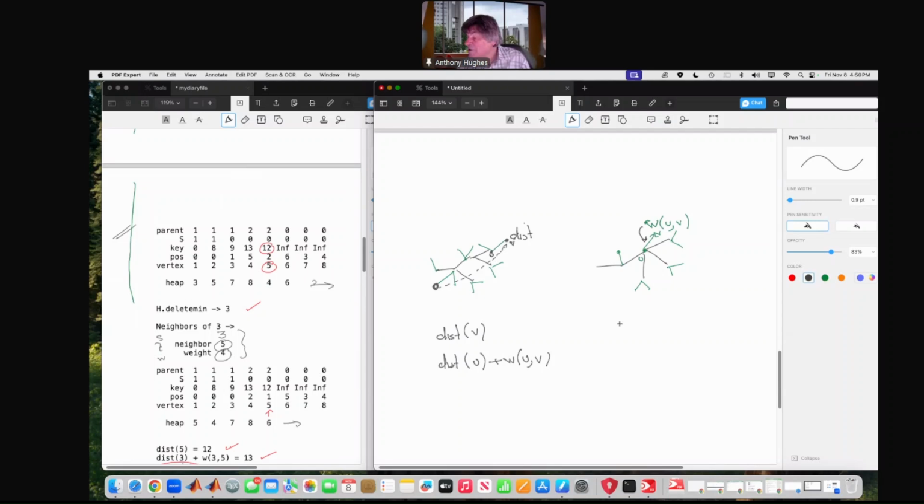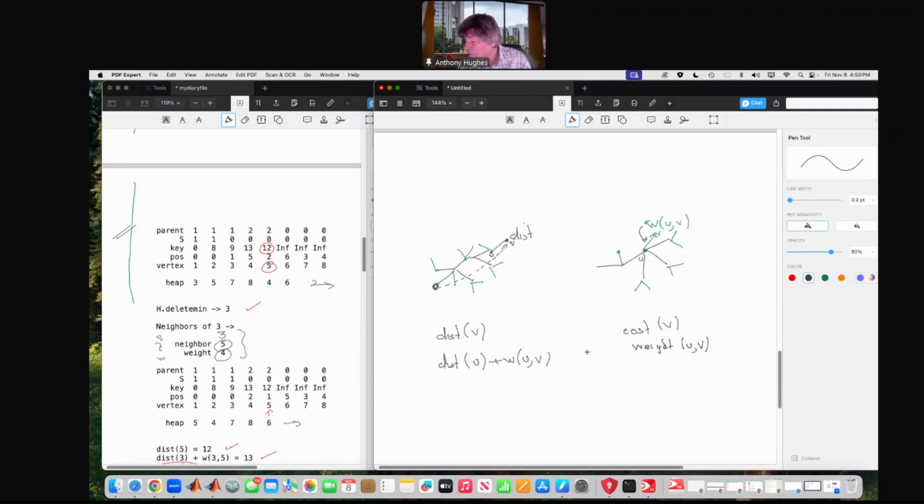On this side, we just look at the weight. So we got the current cost of getting to V as opposed to the weight UV.